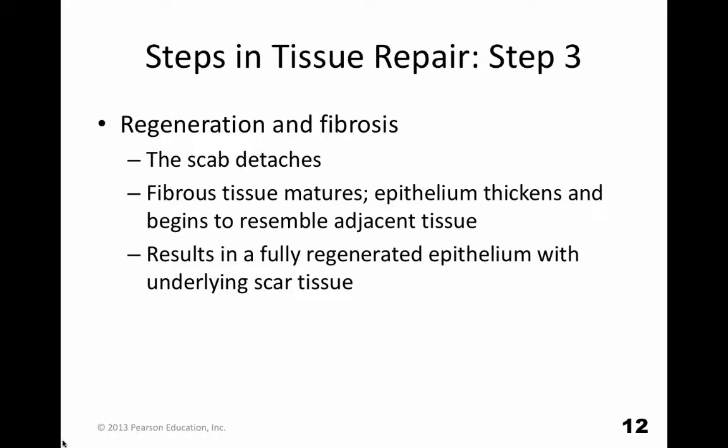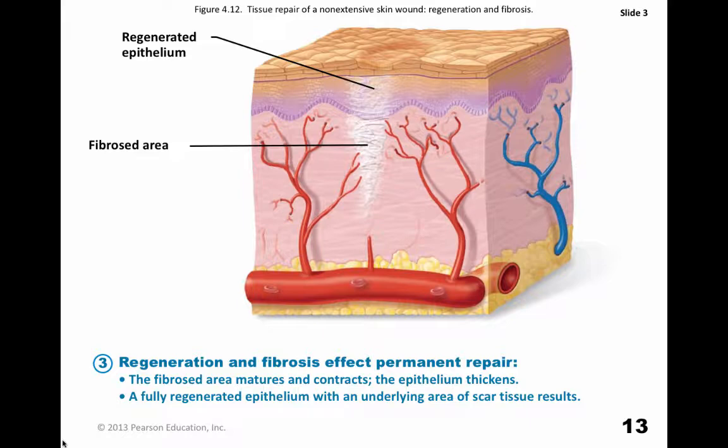At this point, it will result in fully regenerated epithelium with underlying scar tissue. But if any of the areas underneath it don't regenerate right, then what it'll be replaced with is fibrotic tissue. And it's going to show you here how that works.